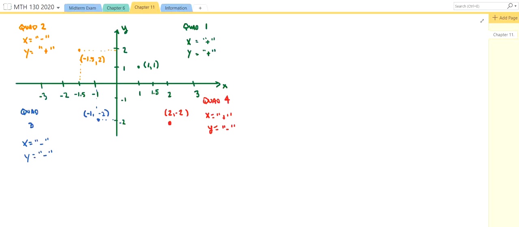So if I were to ask you to plot 3, minus 1, you'd come over here to our Cartesian axis. Now, keep in mind, this is 0, 0, the center point here. We come over here and we count over 3 in the positive x direction. 1, 2, 3.